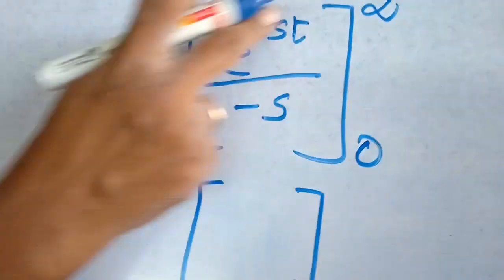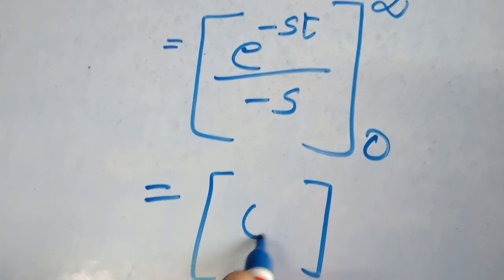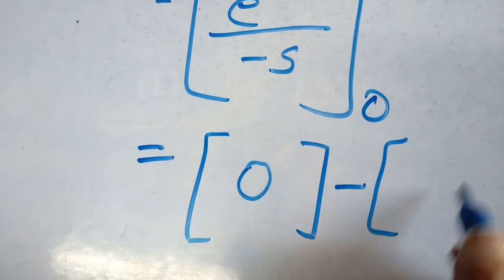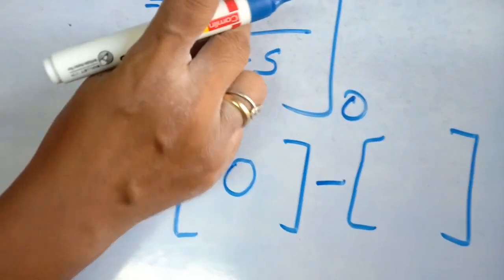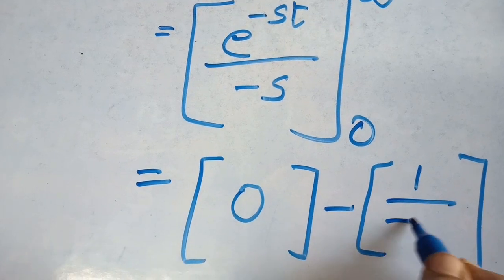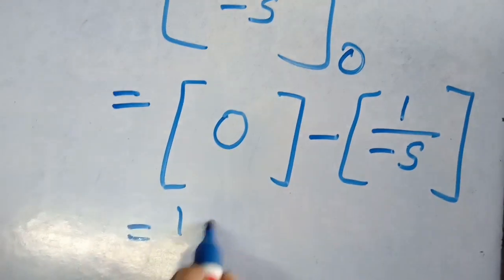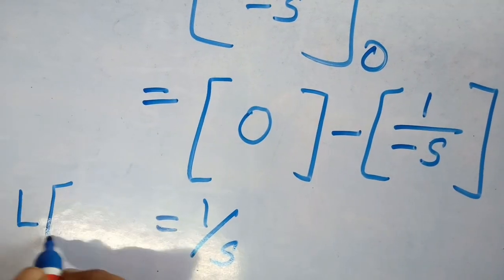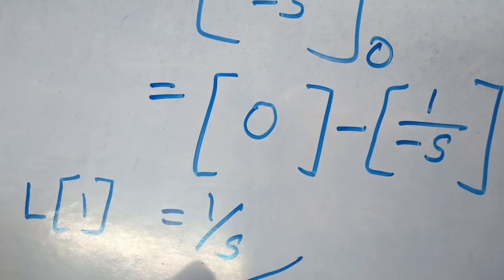E power minus infinity is 0, so the upper limit gives 0 minus e power 0. Any number raised to the power 0 is 1. So 1 by minus s, with the minus sign, gives 1 by s. Thus L of 1 is 1 by s.